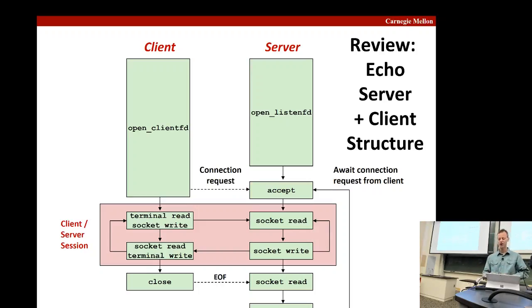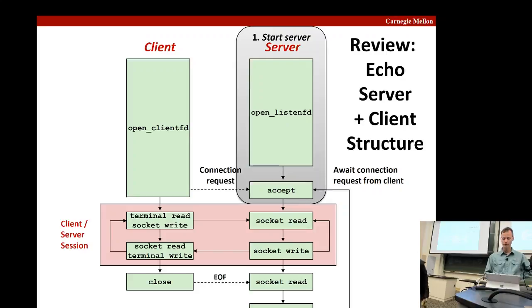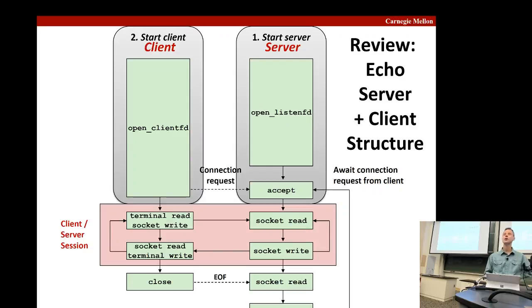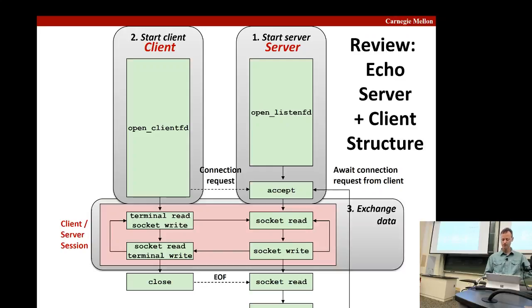All right, so the review. Remember we had a picture like this on Tuesday where you started with a server who would get started up and perform all these tasks. Then you could start up a client, and it would generate a connection request.